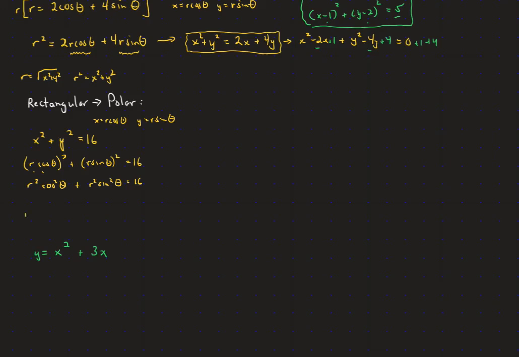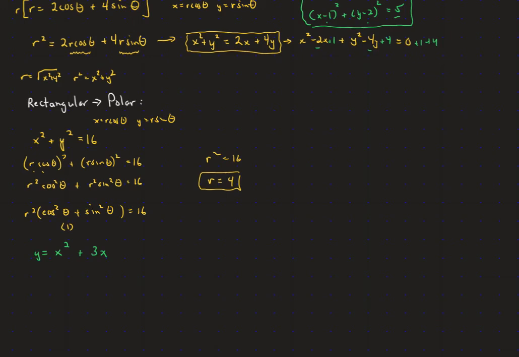If you squint at that and factor out an r squared on the left side, you will see our most famous trig identity, that cosine squared plus sine squared is just 1, and so that becomes r squared is equal to 16, and you could say plus or minus 4, but it won't really matter. You get the same circle, just going in different directions. So r equals 4 would be fine for your answer there.